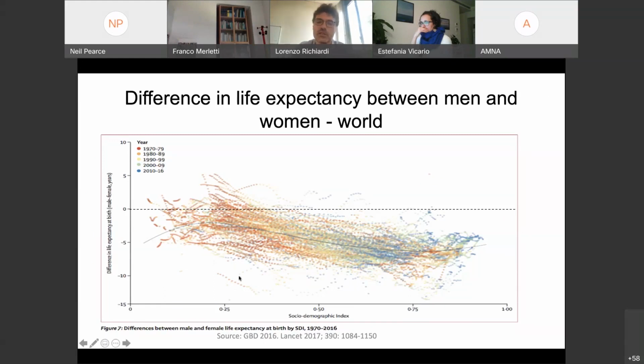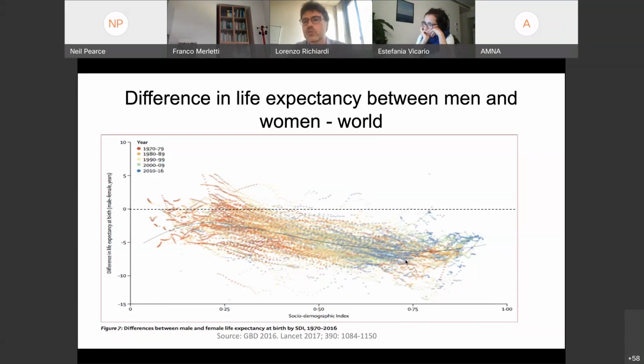But as you can see, depending on your cohort of birth and the country where you live, the male to female difference in life expectancy can go from above 0, so men live more than women, to less than 10 years, so women live 10 years longer than men.